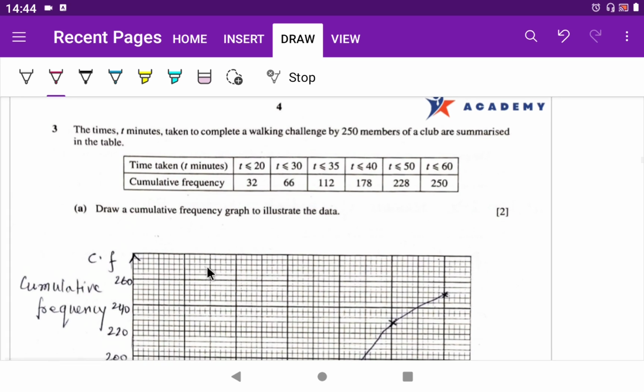Now question number 3. The times t minutes taken to complete a walking challenge by 250 members of a club are summarized in a table.